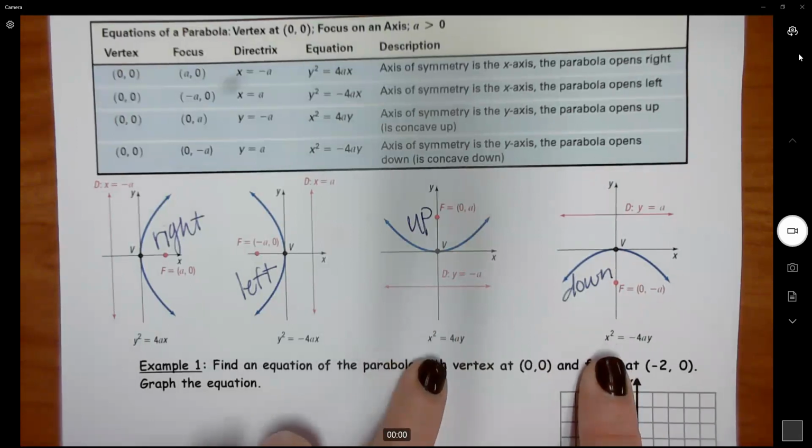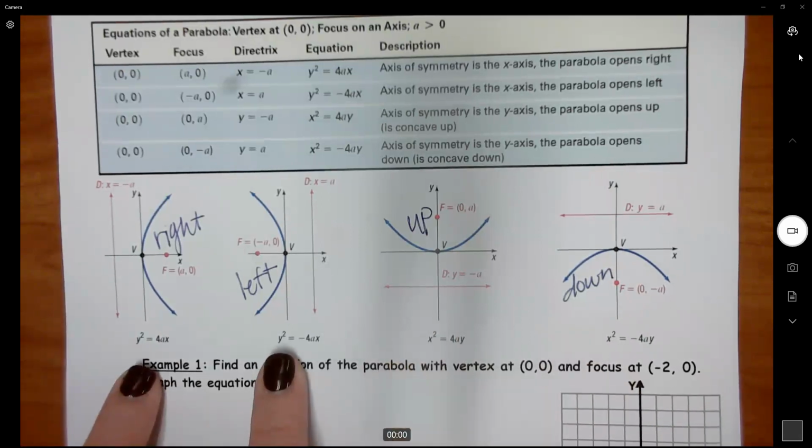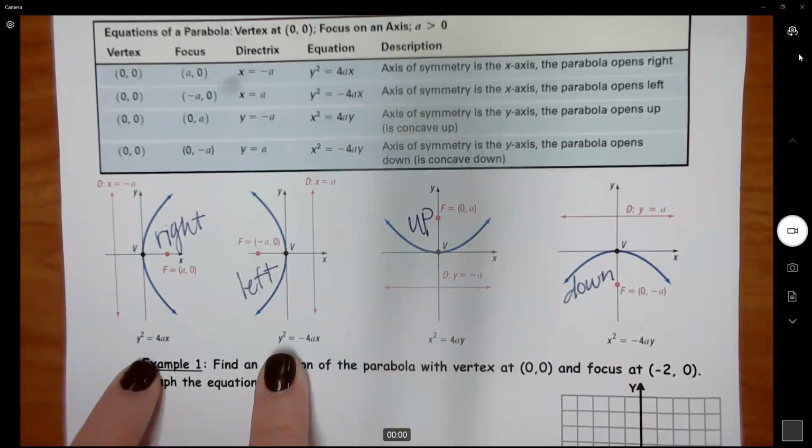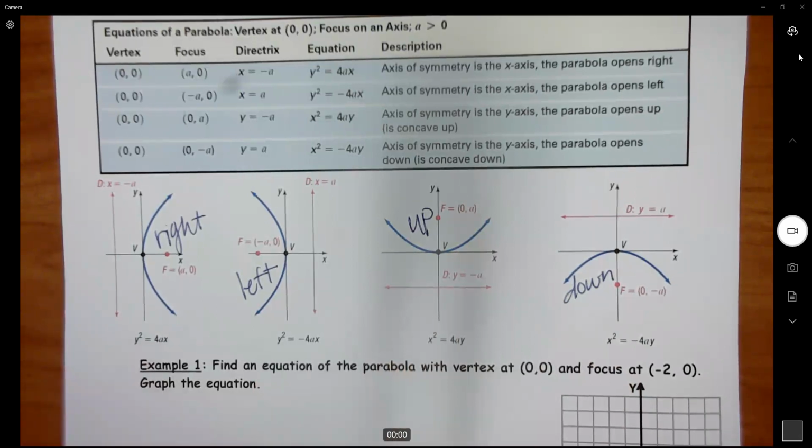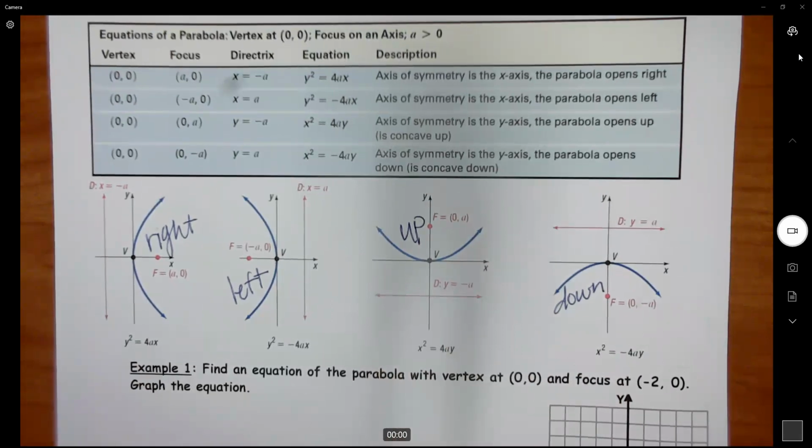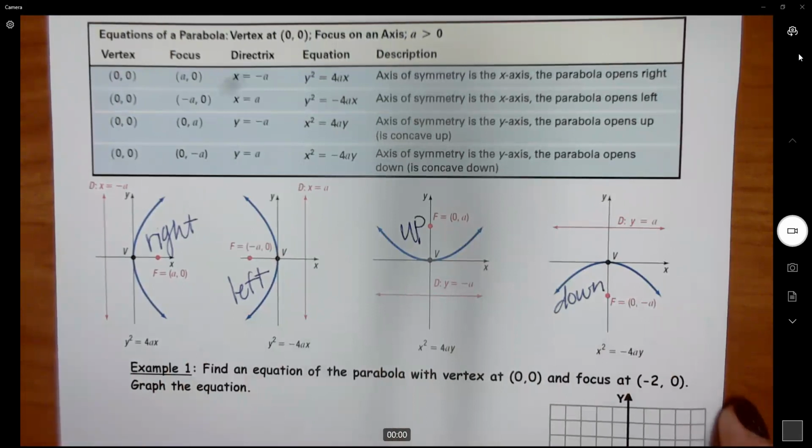So x squareds open up or down, and y squareds open to the left or to the right. You only have one squared variable here, either x or y. With circles and ellipses, both x and y are squared. So that's how you can tell the difference: these only have one squared variable.